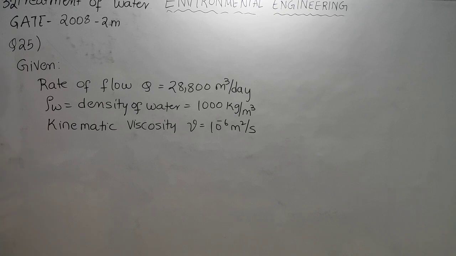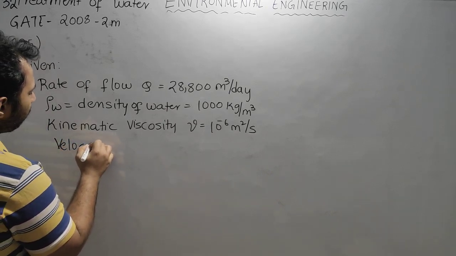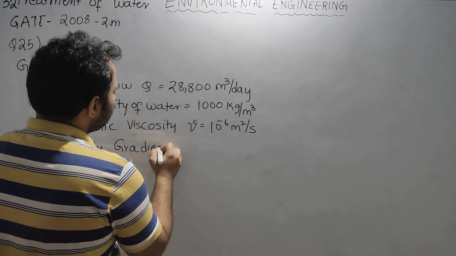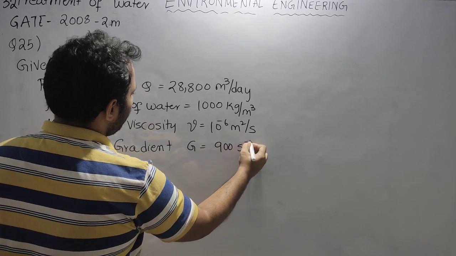The rapid mixing imparts a velocity gradient G, given as 900 second inverse.